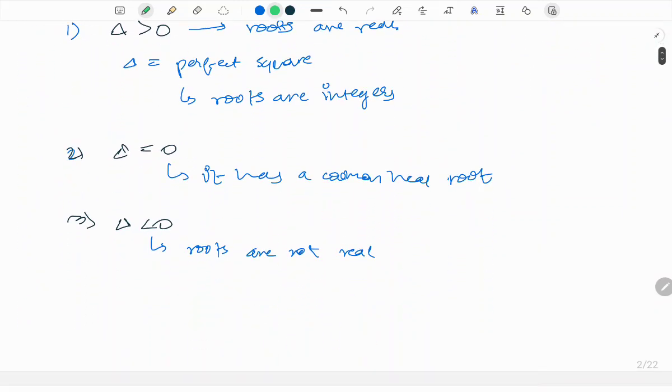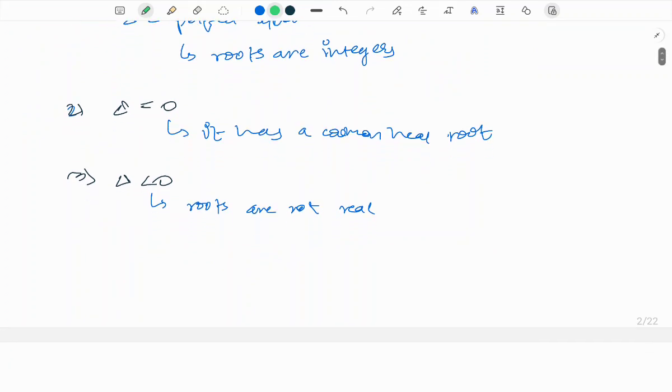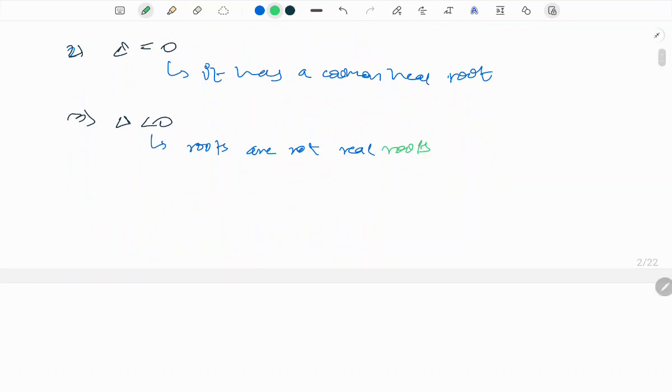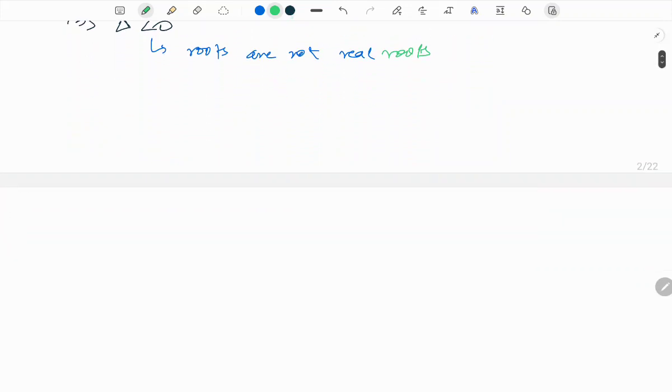Those who are still in 10th or below won't understand this, but students in 11th or 12th standard or higher would know what this means. The roots are complex and we deal with imaginary numbers. i is root of minus 1, iota, complex numbers as we call them.